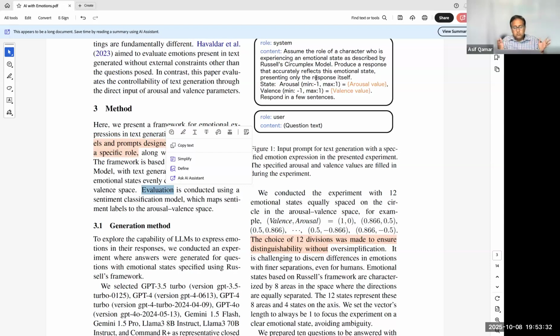So somehow we need to use that, and there is some limitation in the comparison, but the paper is trying to prove they are able to map. First, they need to map the sentiment derived using the GoEmotions data set to the Russell's model. So that mapping has to be done first.